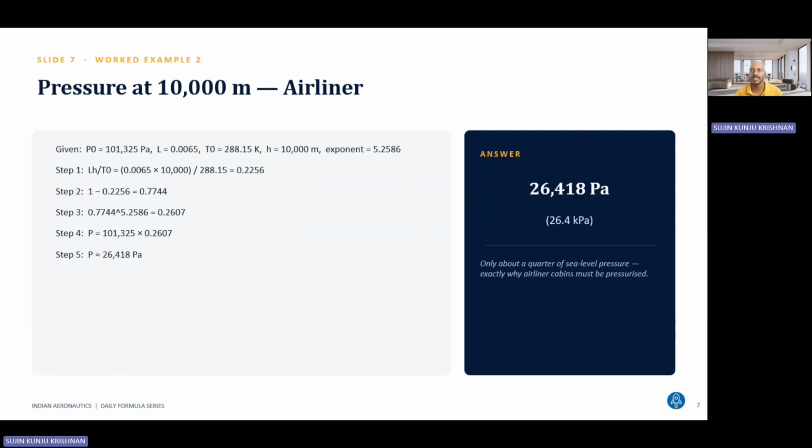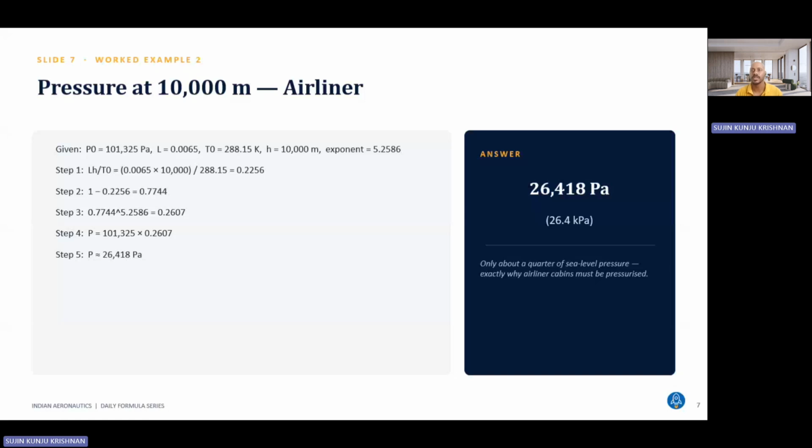Third, sanity check your answers. Pressure should always be a positive number, smaller than 101,325 pascals.